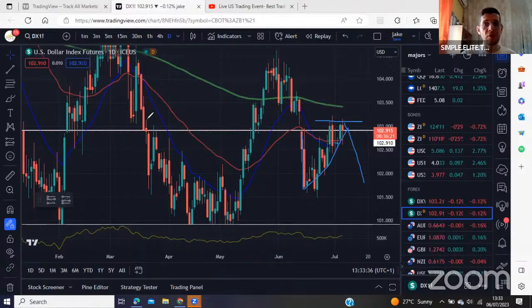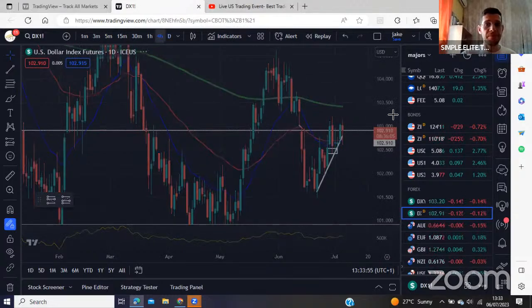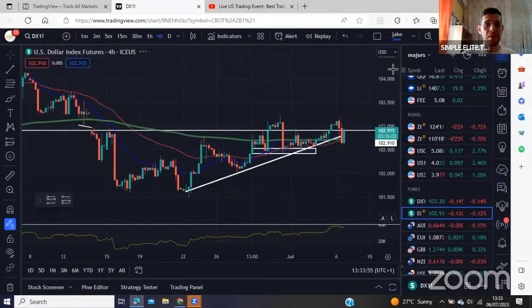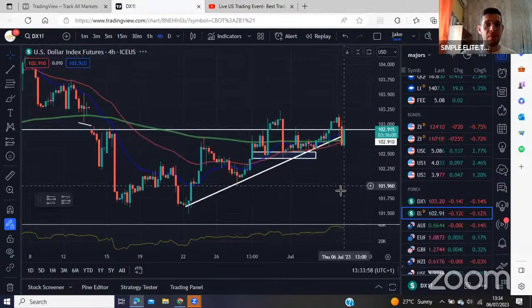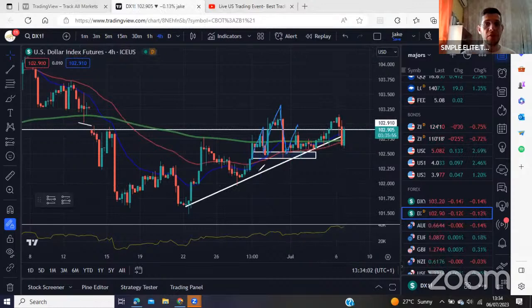And we talked about the best currency pair being the pound. So let's first go to a lower time frame, the 4 hour. We talked about wanting to break this head and shoulders pattern with this trend line.